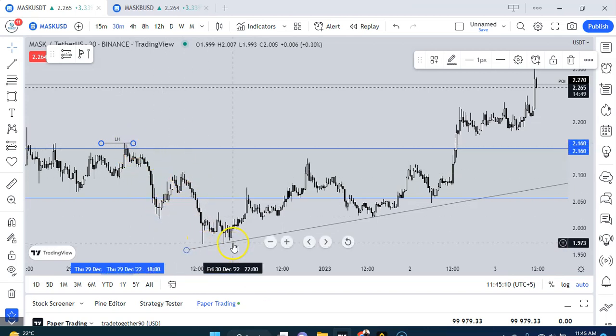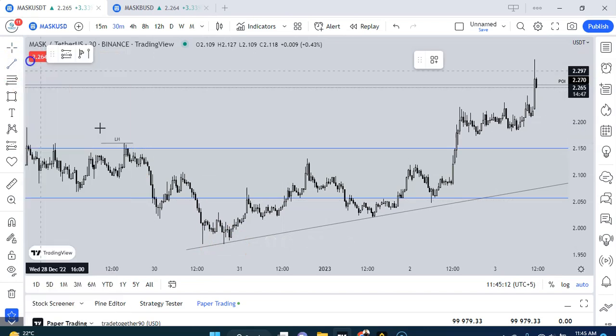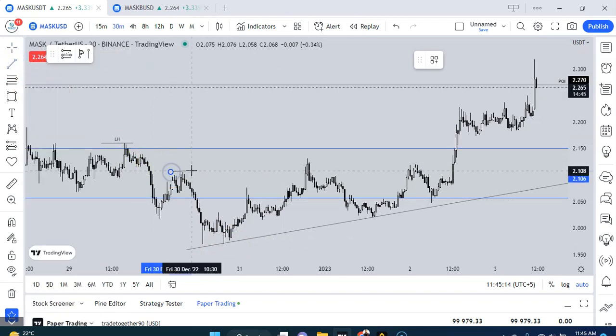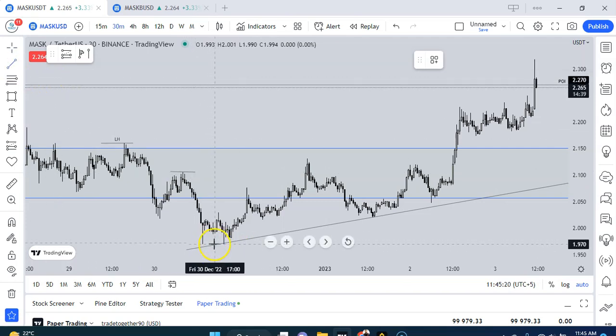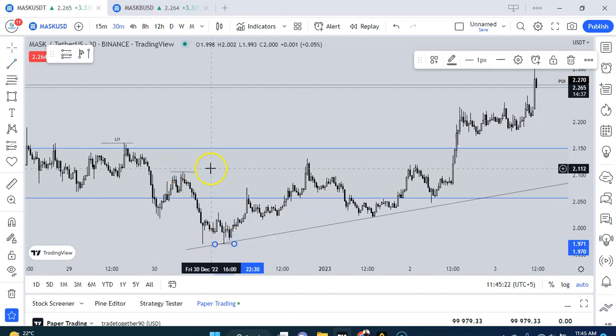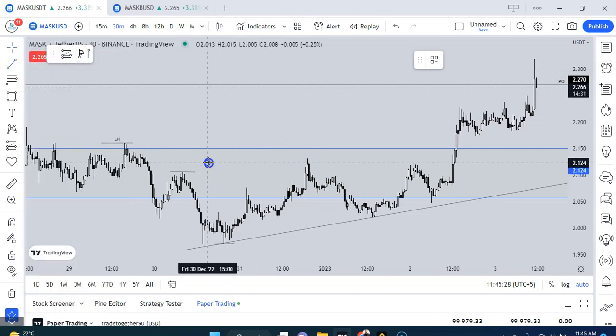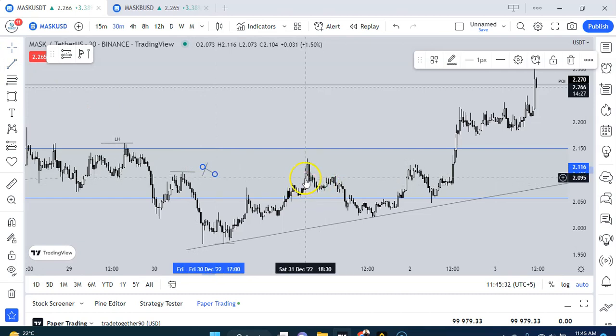So here is the 30 minutes lower high. This is the lower low. As soon as price has broken this low on the 30 minutes chart, as soon as price has broken this lower high, the structure gets bullish.